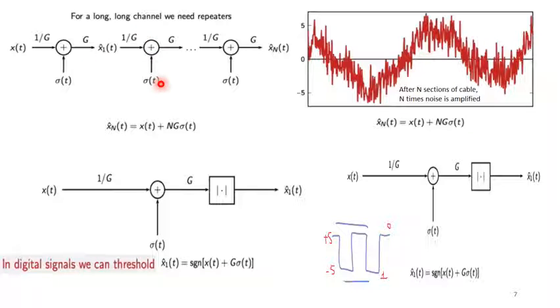So the signal received at the output will be x hat of t, and you understand that at each section, because the noise is also introduced, it will corrupt the signal very much. And you can see, although the waveform looks similar to what we originally transmitted, because of the noise added at the receive end, the signal will not be intelligible.